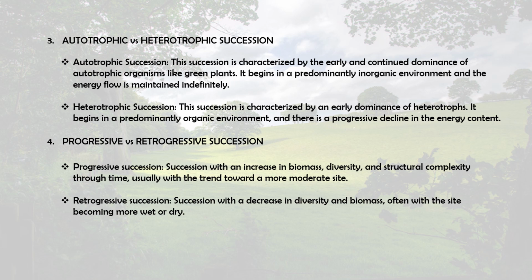And retrogressive succession is this type of succession with a decrease in diversity or biomass, and it is often seen in wet or dry sites.